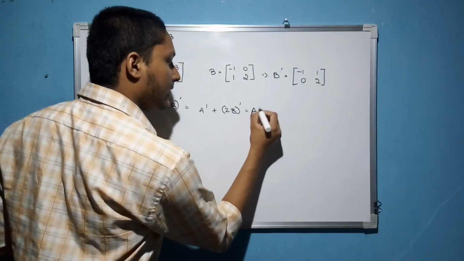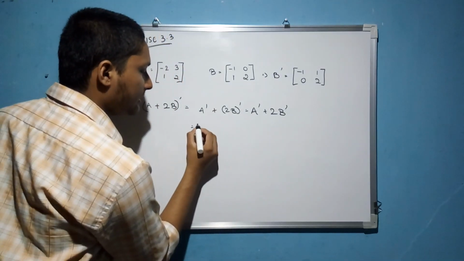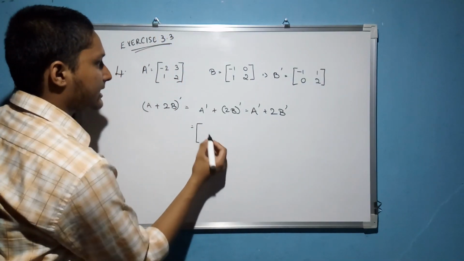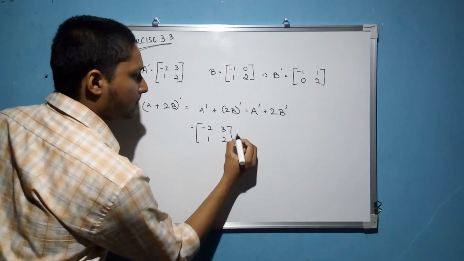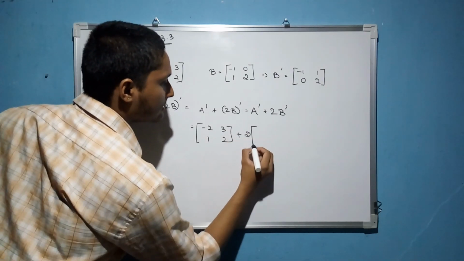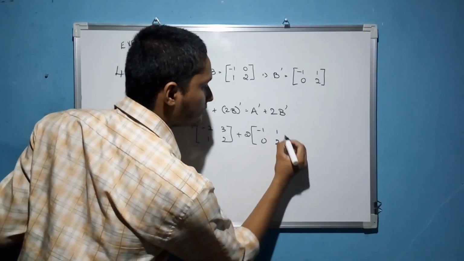Therefore I can write it as A transpose plus 2 times B transpose. A transpose is directly given in the question, plus 2 times the B transpose, that is minus 1, 1, 0, 2.